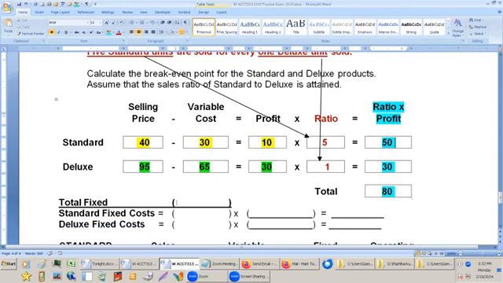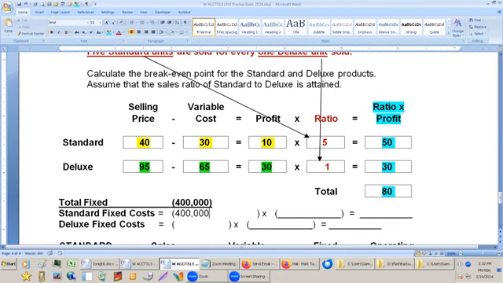So split up the 400,000. So 400,000 times, of the 80, 50 comes from the standard. So this will be 50 divided by 80.